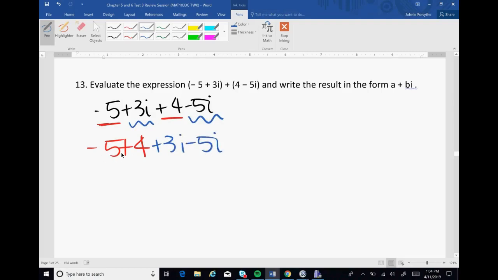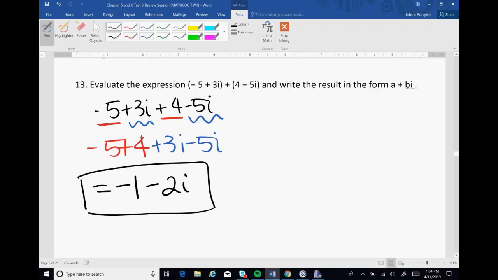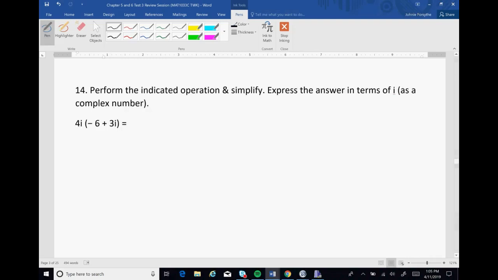So -5 plus 4 is -1. And then 3i minus 5i is -2i. And that's your final answer. So just think of i as a variable x, and just combine your like terms for these.